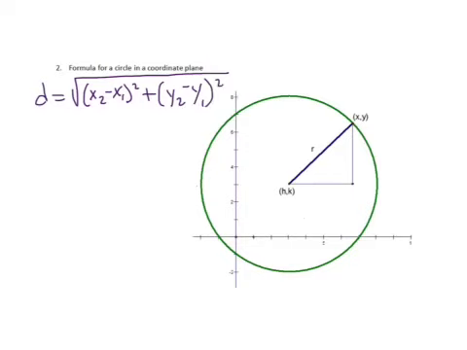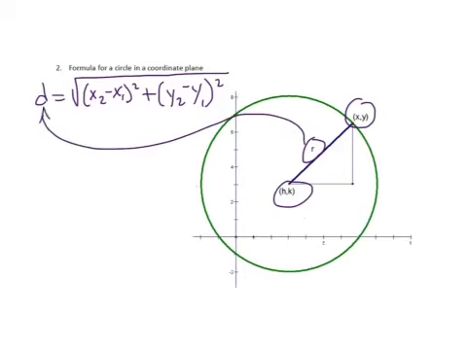Well, let's think of these as our x2 and y2, and let's think of these as our x1 and y1. And we know that the distance between these is r. So we can substitute. We can put r in for d, sorry. And we know that the radius, that length, is the square root of, and we'll call this our point 2, and we call this our point 1.